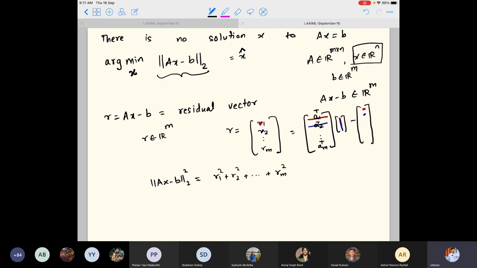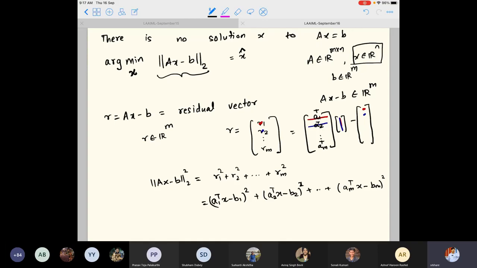Then basically, what is this? This is (a1 transpose x minus B1) whole square plus (a2 transpose x minus B2) whole square, and so forth, up to (am transpose x minus Bm) whole square, right? So these are the residuals.